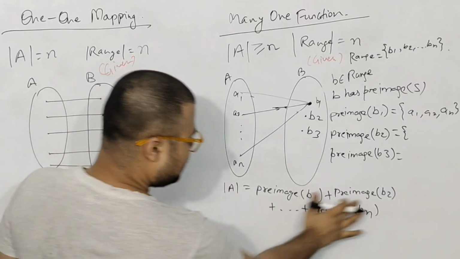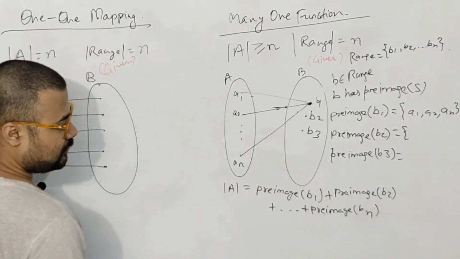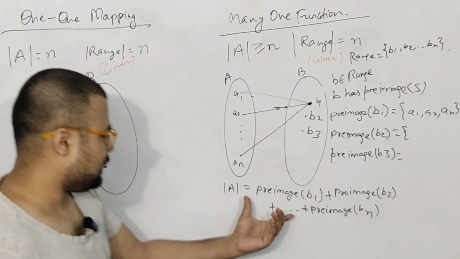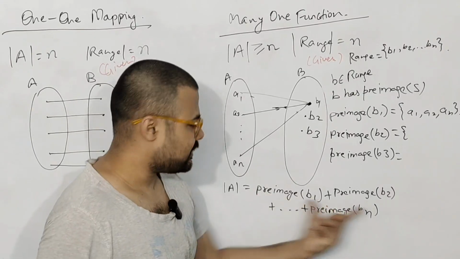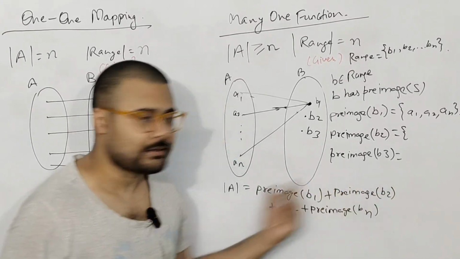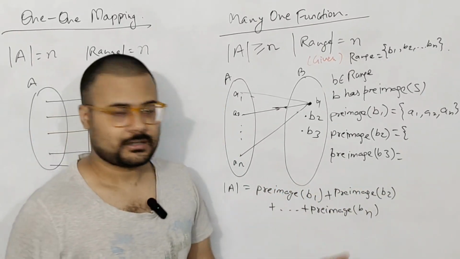The number of elements in A is this, and every set of pre-images of B1, of B2, they are disjoint. Any two sets are disjoint.